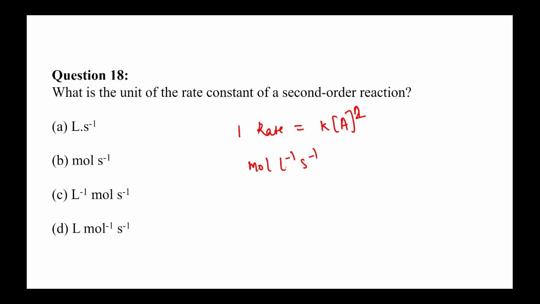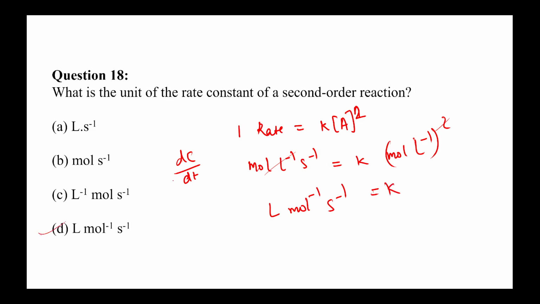So change in concentration per unit time. So rate is generally written as dc by dt or da by dt, right? So change in concentration per unit time will be equal to K, and concentration is again given in mole per liter, and you will have this as whole square. So 1 mole per liter will get cancelled out, and you will have liter mole inverse second inverse, the unit of K. Okay, so that is option D.